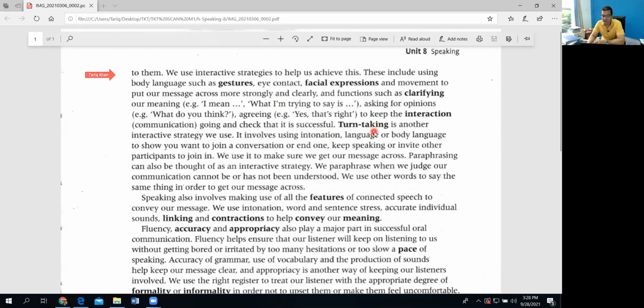Turn taking is another interactive strategy we use. Turn taking is important in the Cambridge test, in which all four skills are tested: reading, listening, speaking, and writing. When we check the speaking abilities of the student, there are different areas we check, and one of them is turn taking.